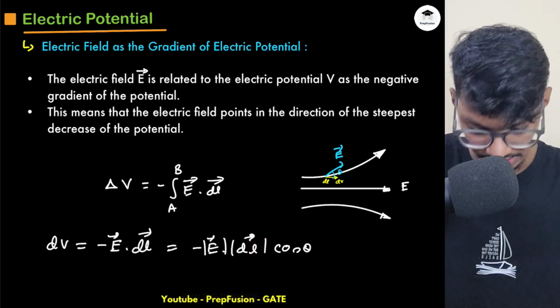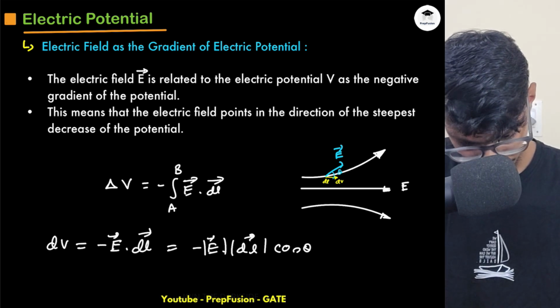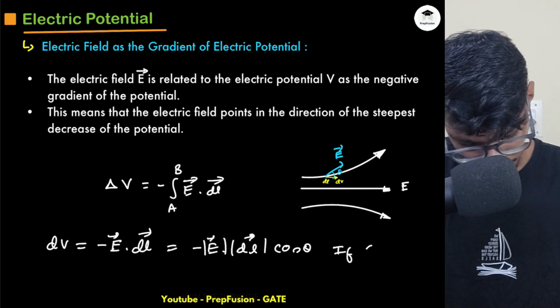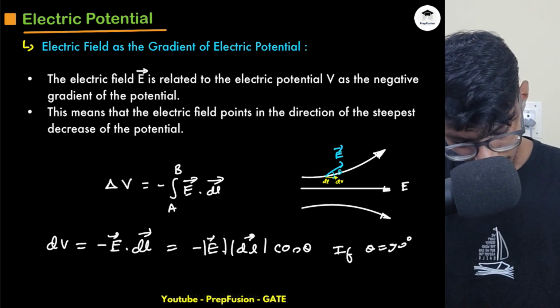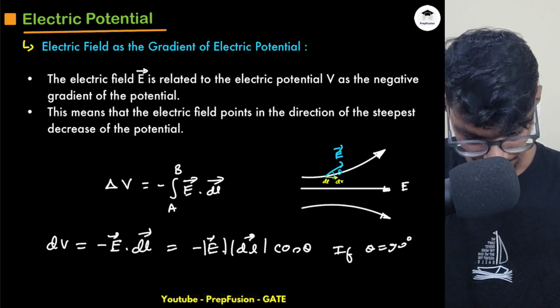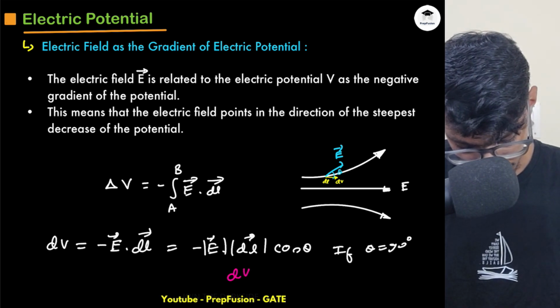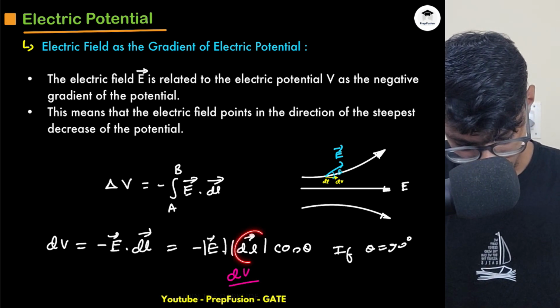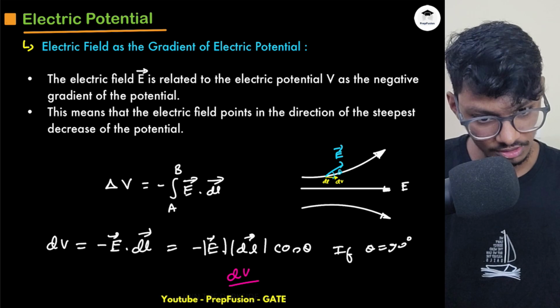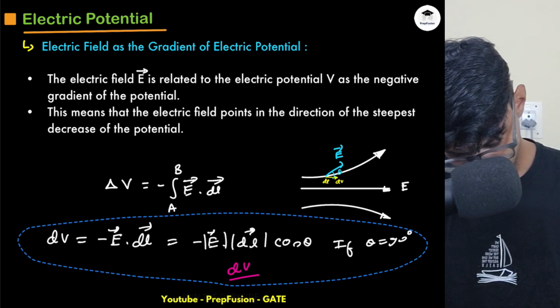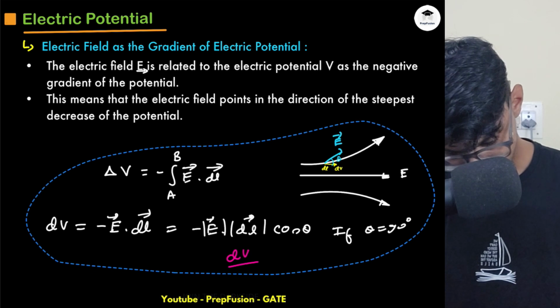Now if theta is 90, then this expression, I am simplifying things here, just bear with me. On the left hand side I have dV, and if I just assume this as dl, dV upon dl. Just bear with me here, okay?